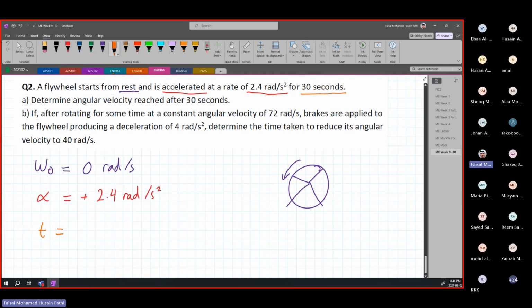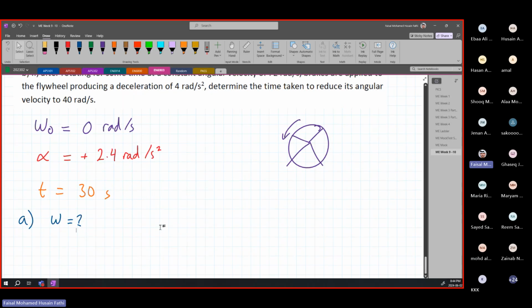So our time is 30 seconds. Part A says determine the angular velocity reached, or in other words, the final angular velocity after the time is completed, which is 30 seconds. So they want us to find omega, or angular velocity.